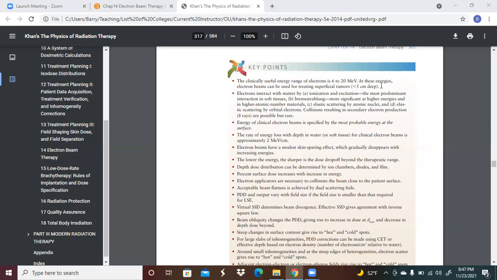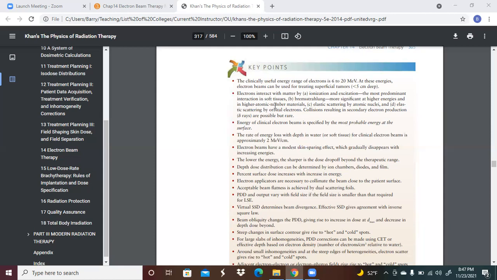A lot of machines are going to be commissioned, like one of the places that I work with consistently. We have energies commissioned up to, I want to say, 18 MeV. But in the 10 years that I've worked there, I don't ever remember putting together a plan for an 18 MeV beam. So that's something to bear in mind.